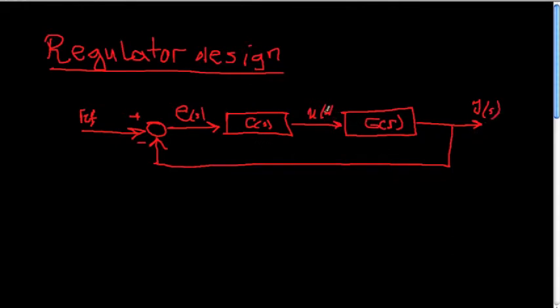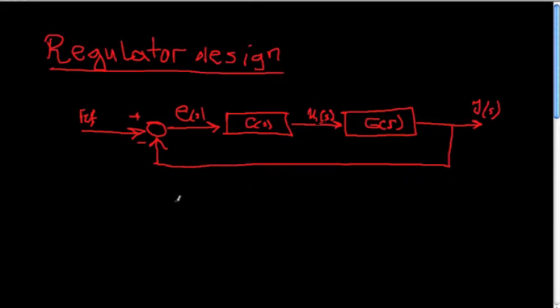In other words, the configuration that this is U of S, the configuration that we are looking at is essentially the feedback configuration that takes into account the measurement from the output, and that measurement is compared with the reference, and the error is provided, which goes into a controller.